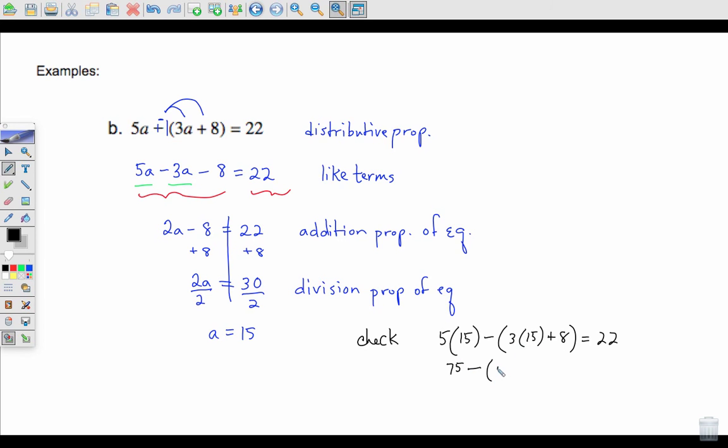Okay, there we go, 75 minus 3 times 15 is 45. I know that one. And then 45 plus 8 is going to be 53. And 75 minus 53 is 22. So it checks. Okay, and we're done.